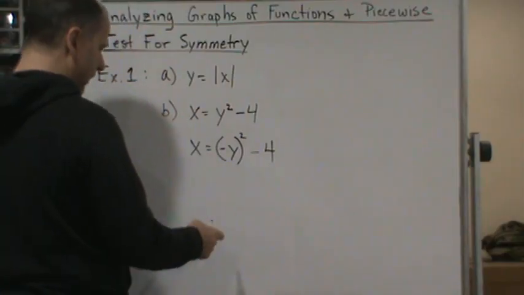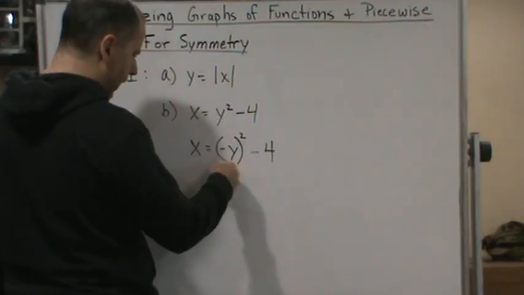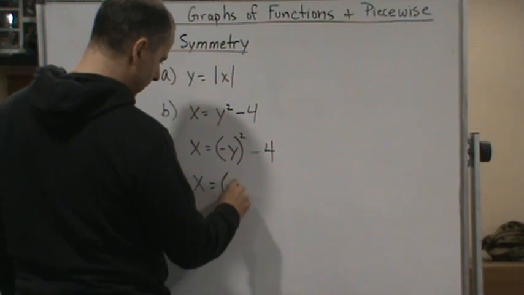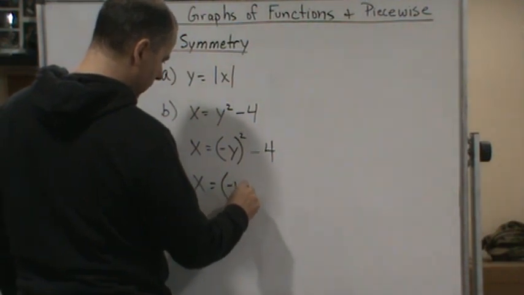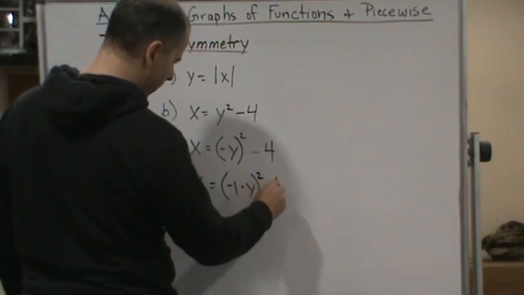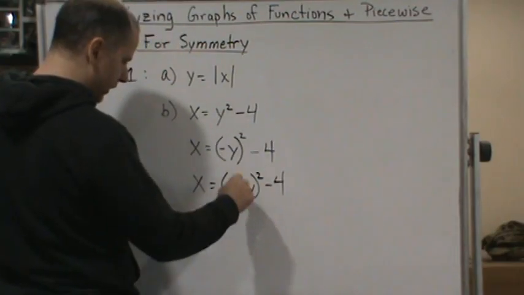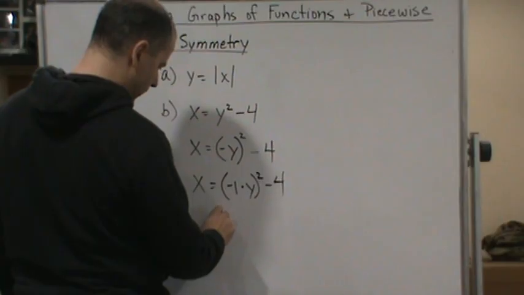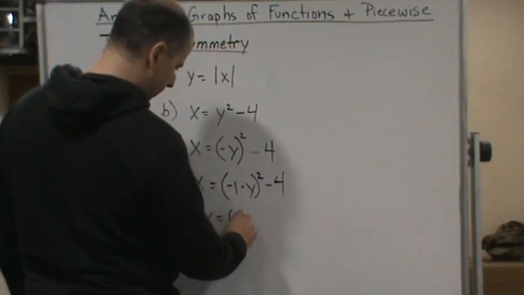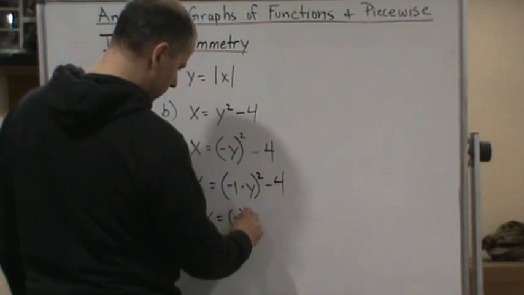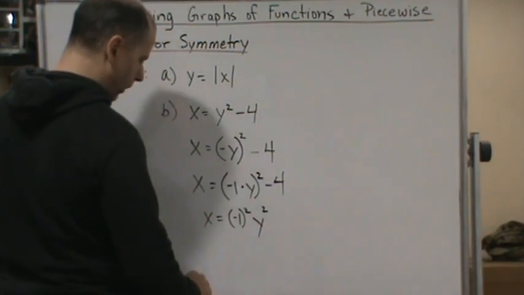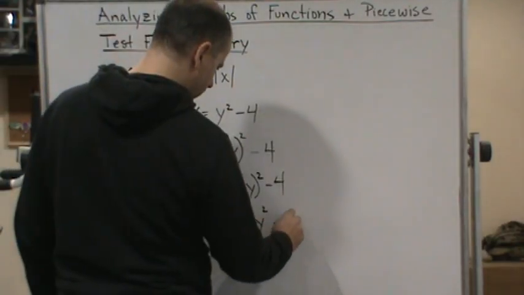Now, let's simplify this. Well, again, if I do this algebraically, I can write this as -1 times y, quantity squared, minus 4, and then of course I can distribute the exponent, which is going to give me x equals -1 squared times y squared minus 4.